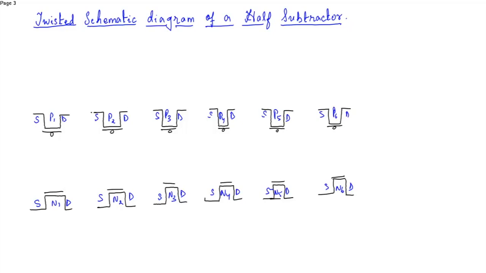So now the first thing is to draw the poly layer, that is the gate. So first to add the transmission gate. So the gate of the first PMOS is connected with the gate of the second NMOS.